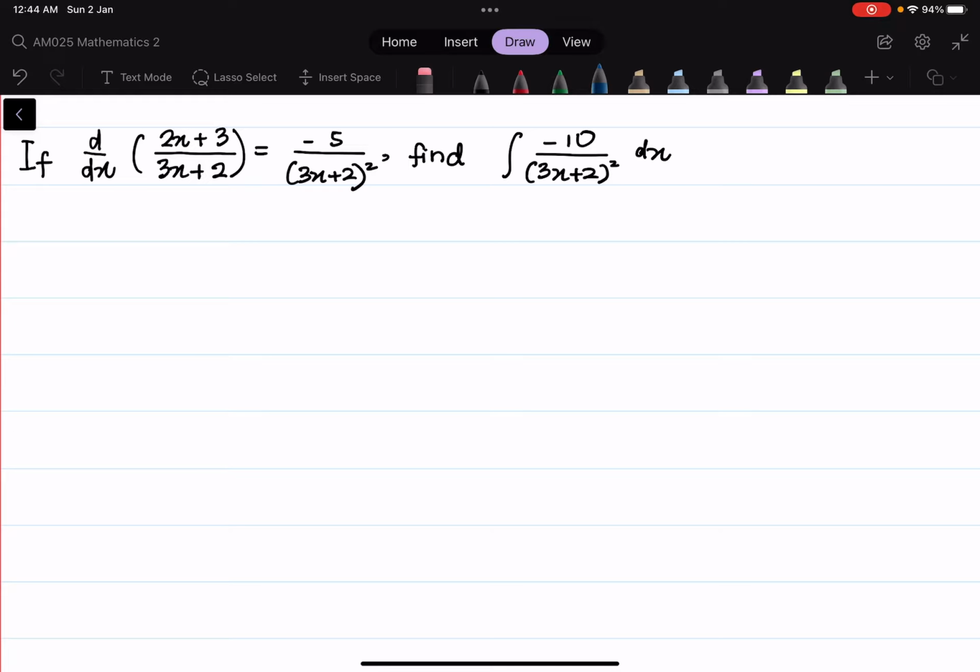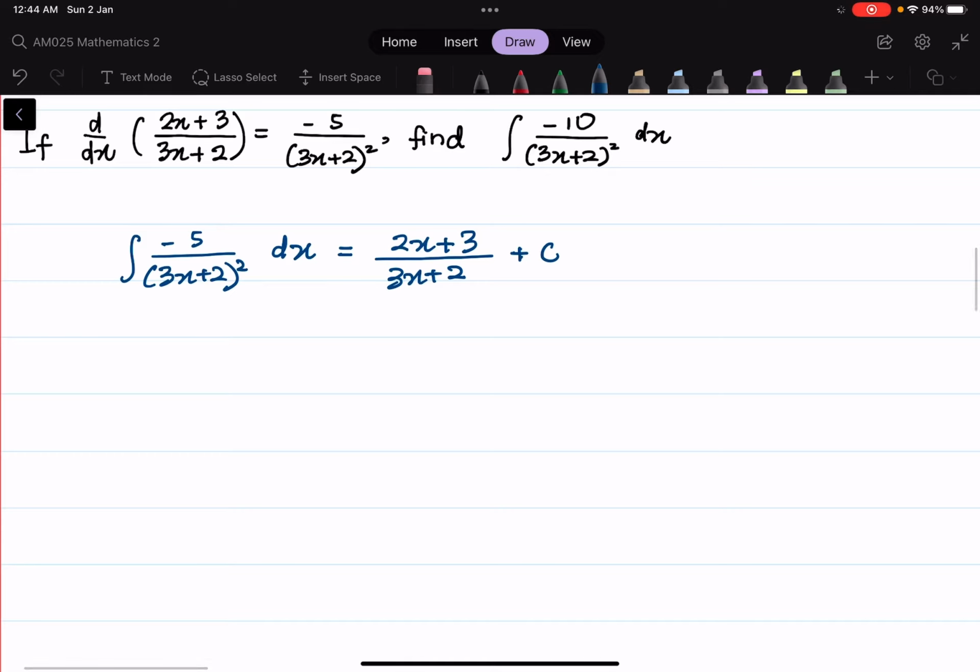So if we integrate -5/(3x + 2)² with respect to x, we're going to get (2x + 3)/(3x + 2), and don't forget to add the C.